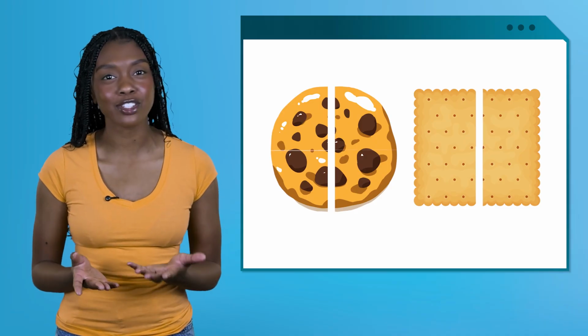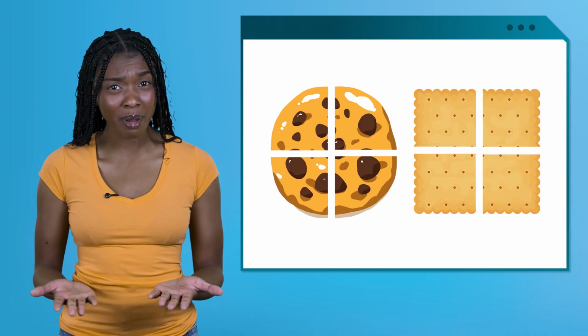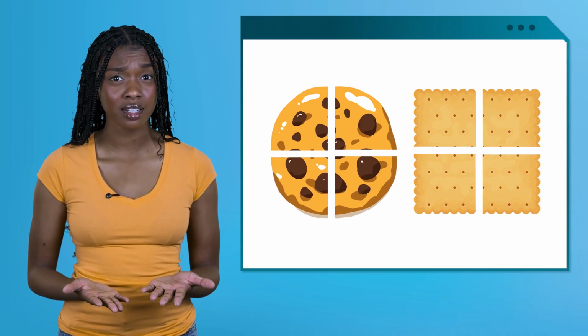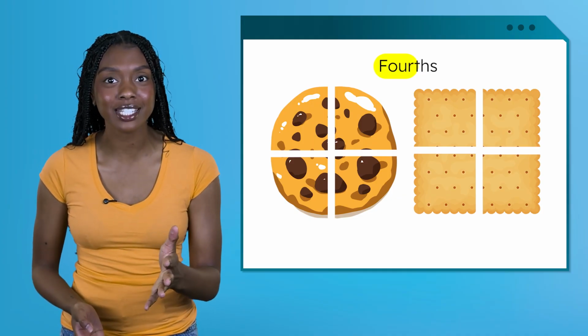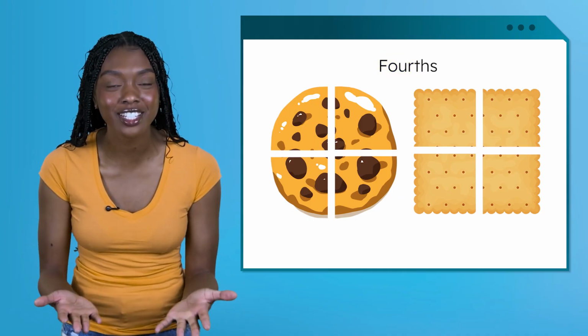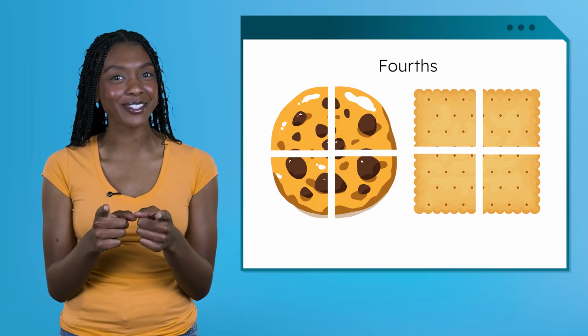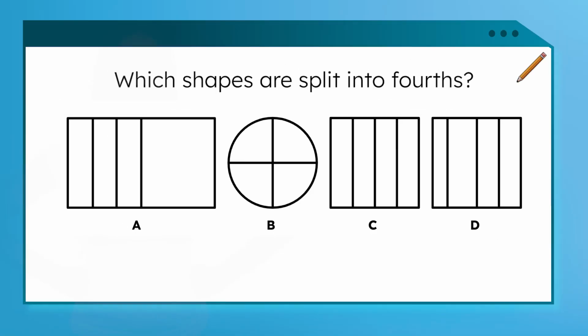But what about if it's 4 pieces? Do you remember what those are called? Exactly. 4 equal pieces are called fourths. Let's look at some examples. Look at the next set of shapes in your guided notes. Which of these shapes is broken apart into fourths?